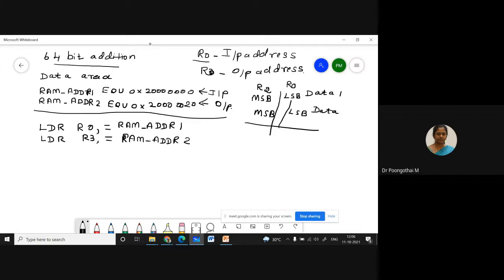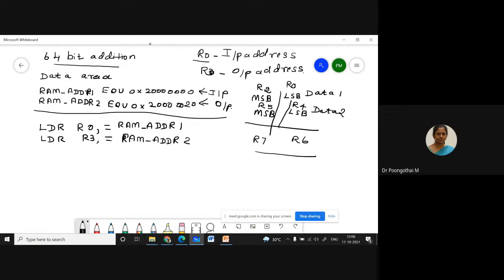Next, store the data 2 LSB into R4 and MSB into R5, and store the result in R6 and R7. Is that clear, students? So you have to store your data in this way.